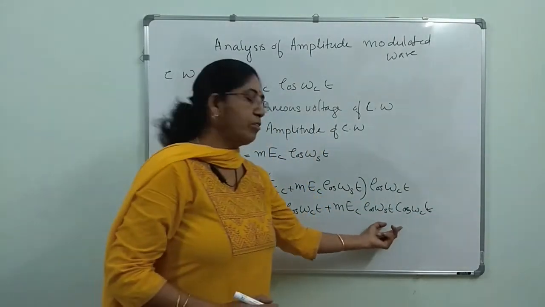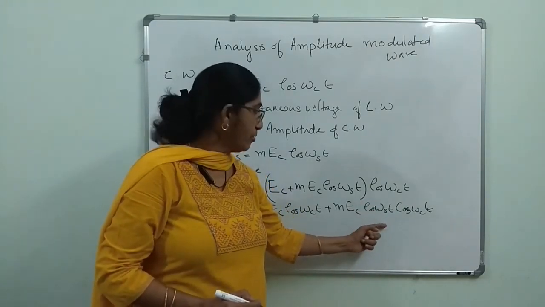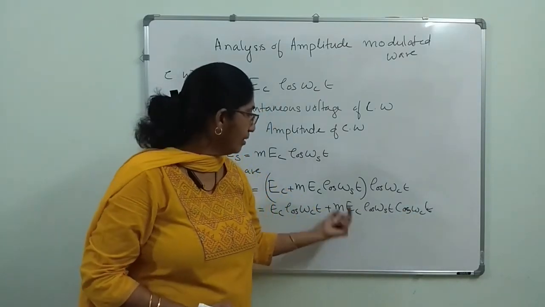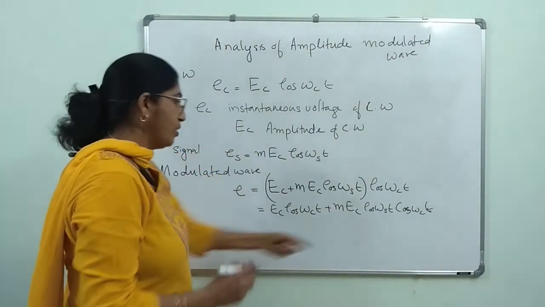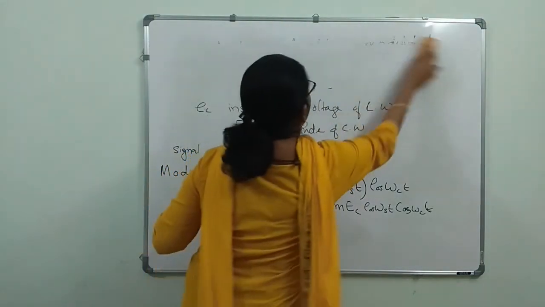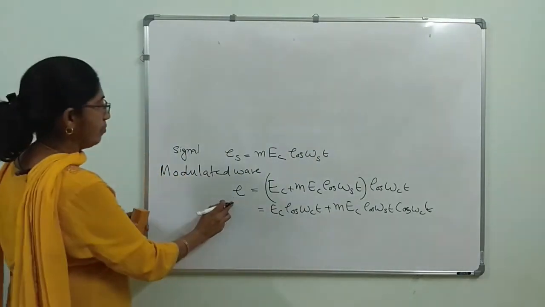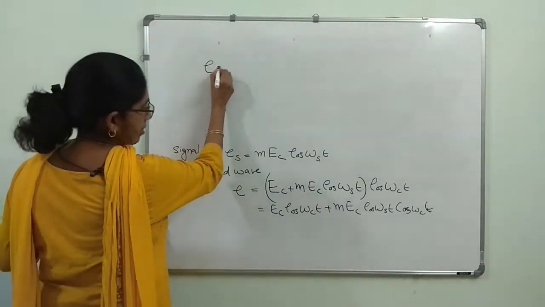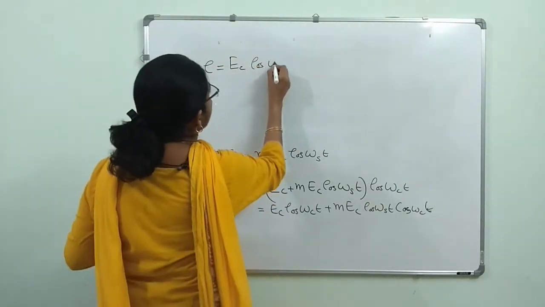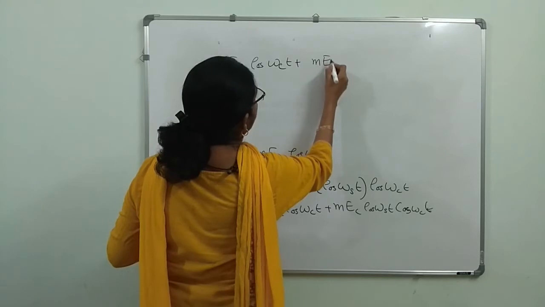Now this term is of the form cos A cos B. You can write it using the identity 2 cos A cos B is cos (A plus B) plus cos (A minus B). So in that term you can convert this. So our instantaneous voltage of the modulated wave E will be equal to EC cos omega CT plus MEC.